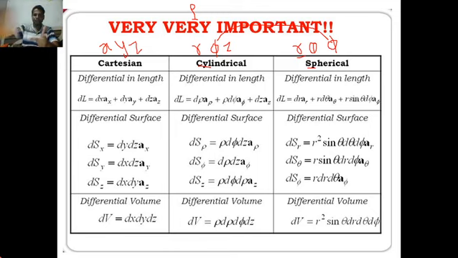Each time it makes an angle with the xz plane. So the phi plane can start from the xz plane and take a total revolution. That's why the phi angle can be from 0 to 2 pi.